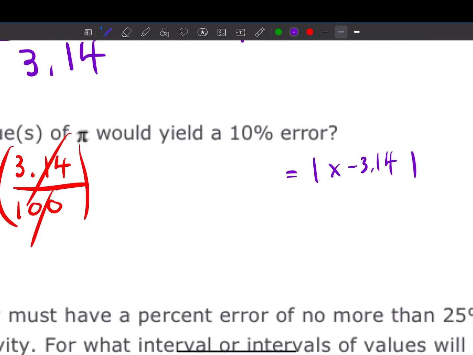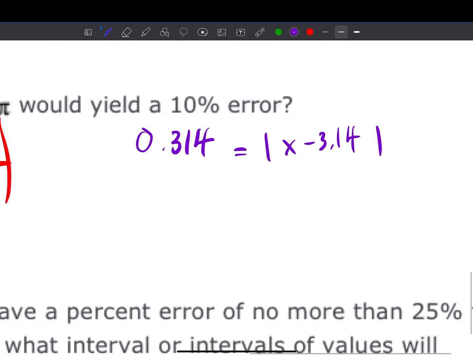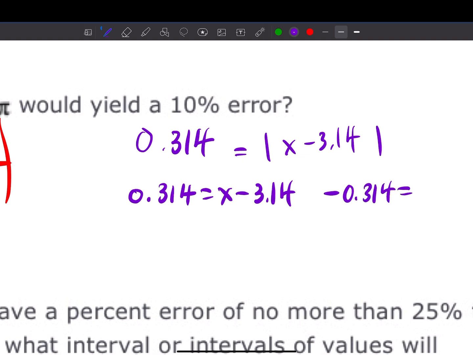So that's 0.314. Or you could have just used your calculator. This is possible. 0.314 is a positive number. Split it, we get 0.314 equals the original, and we have negative 0.314 equals x minus 3.14. Add 3.14 to both sides.